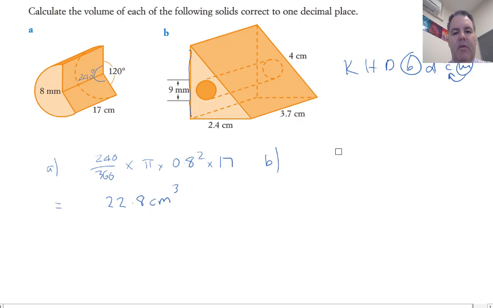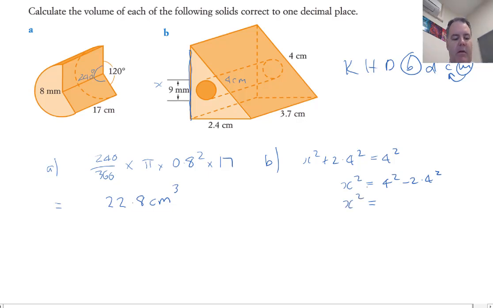In order to get that, we're going to have to use Pythagoras' theorem. This is 4 centimeters along here. This is 2.4. So if I call that whole length x, the length of that side there, we've got x squared plus 2.4 squared is 4 squared. So if I subtract 2.4 squared from both sides, like that, that gives me what x squared is.